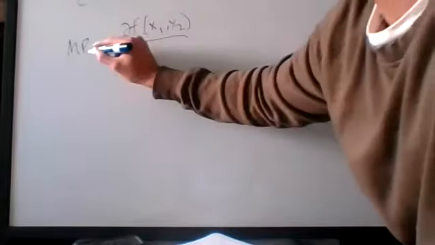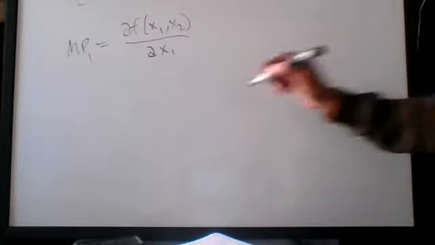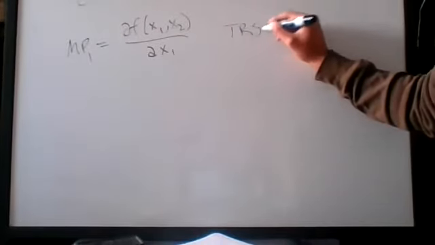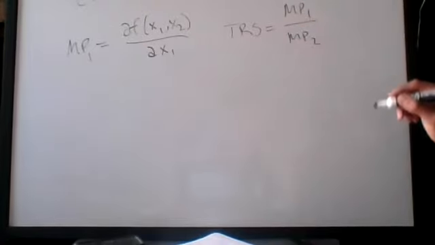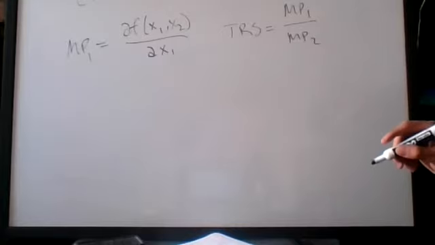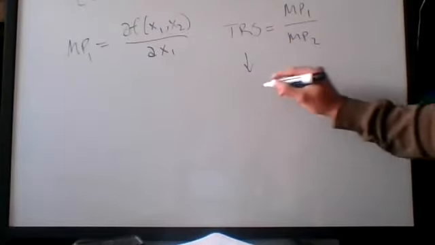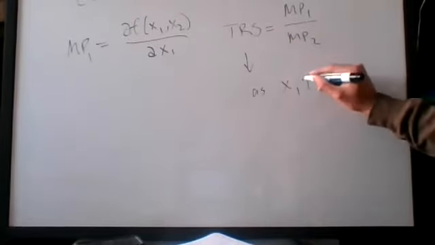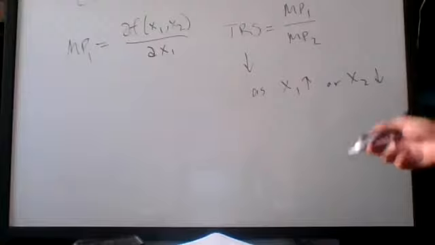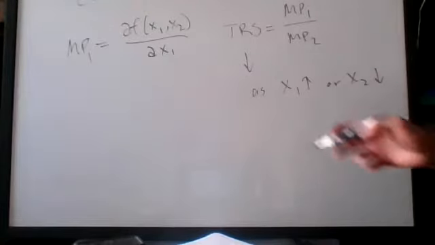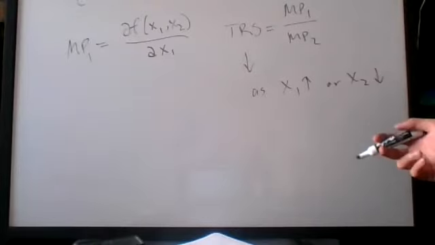So let's say that it's with respect to good one, right? We know that our TRS is equal to MP1 over MP2, right? And so diminishing marginal product means that this ratio goes down as x1 increases or x2 decreases, right? And so this is exactly the same concept as diminishing marginal rate of substitution, just in the context of production, right? Did that answer your question?